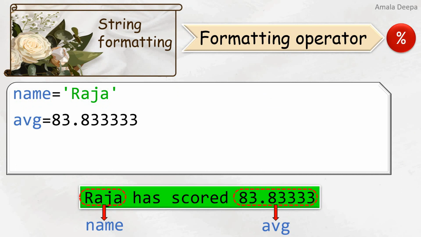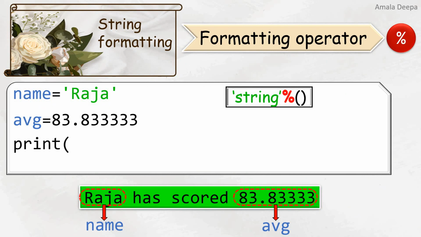Now using this syntax, string, percentage, and then parenthesis, I will write the print statement. Within the print statement, you take a string, so I put a pair of single quotes followed by the percentage symbol and then the parenthesis.